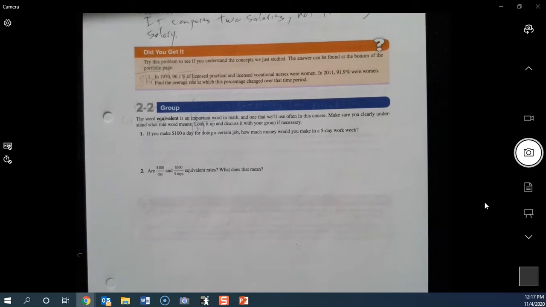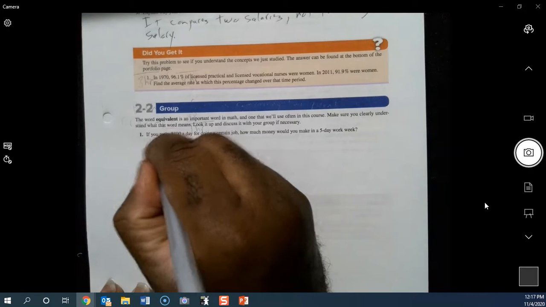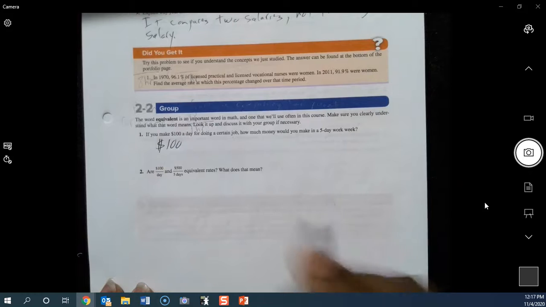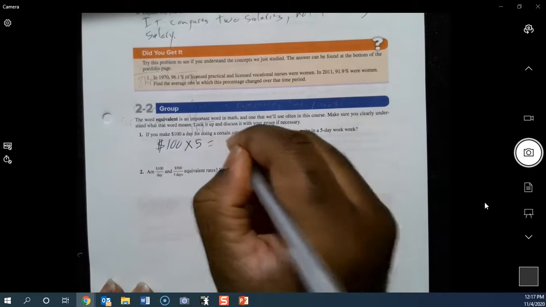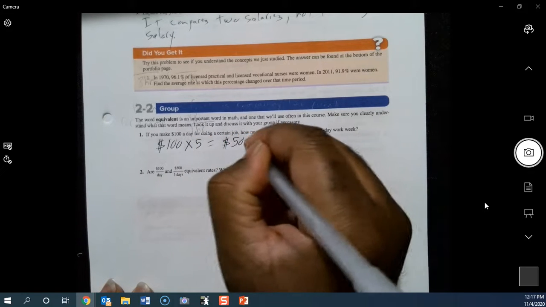It says the word equivalent is an important word in math and one that we'll use often in this course. Make sure you clearly understand what that word means. Look it up and discuss it with your group if necessary. Number 1, if you make $100 a day for doing a certain job, how much money would you make in a 5-day work week? So if you made $100 for one day and you did that for 5 days, that would be $500.